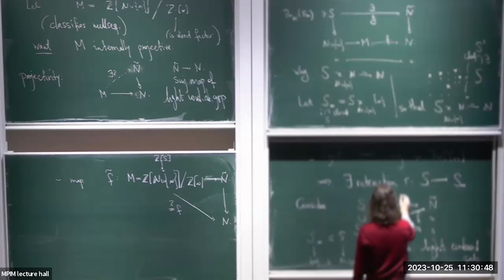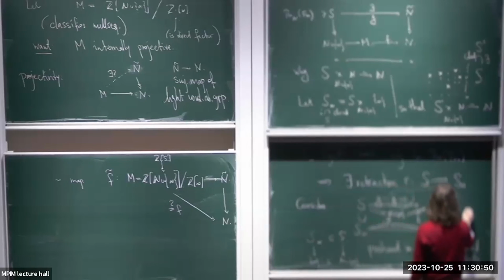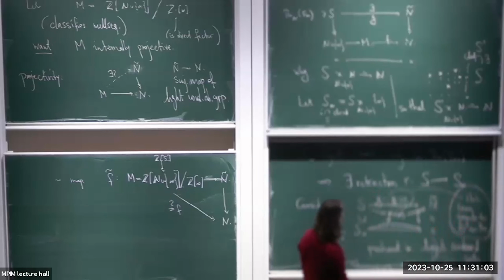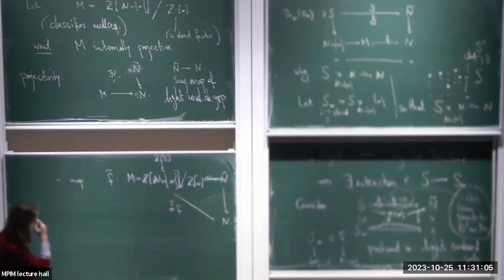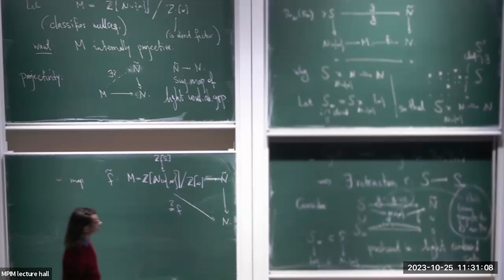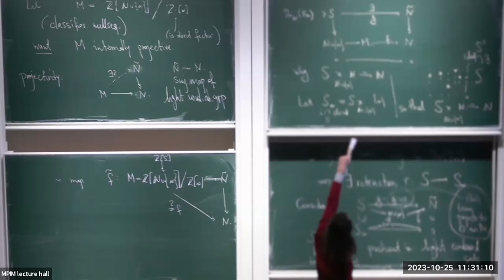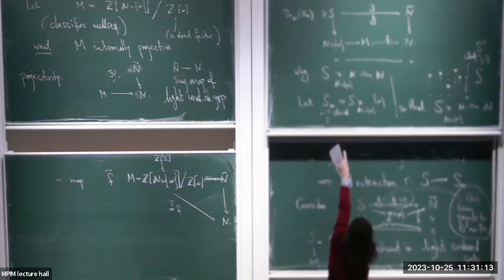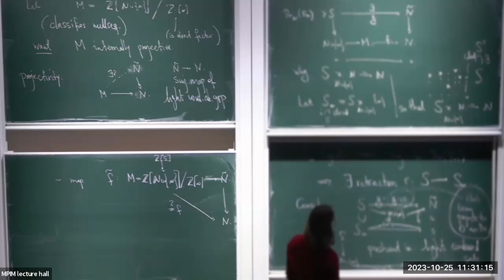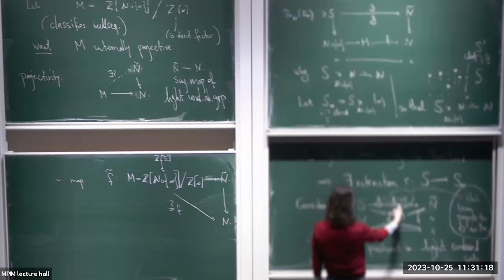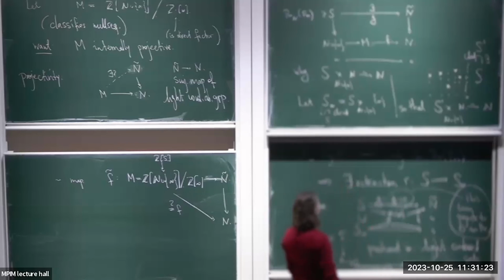So this term projects to 0 in N, right? Because this composite map from S to N tilde to N vanishes on S infinity. And so the correction term vanishes, and G was a lift, so we're fine.